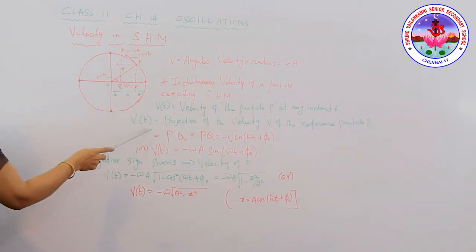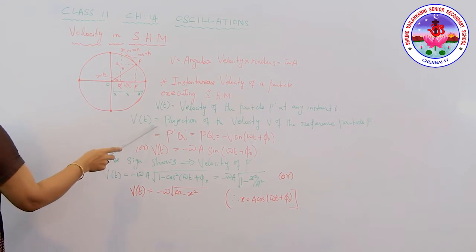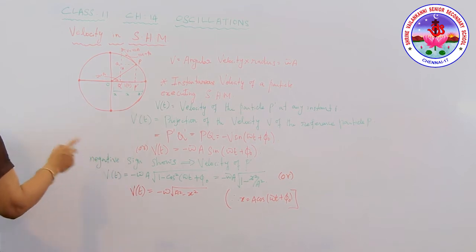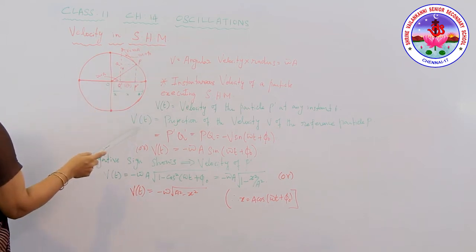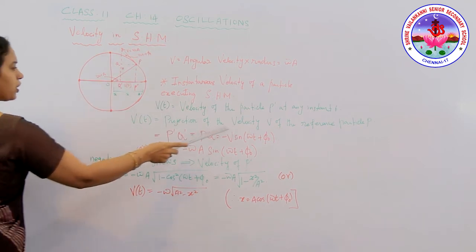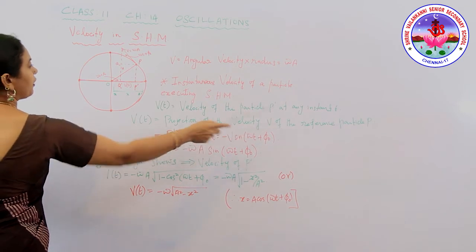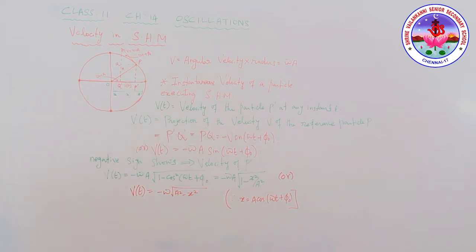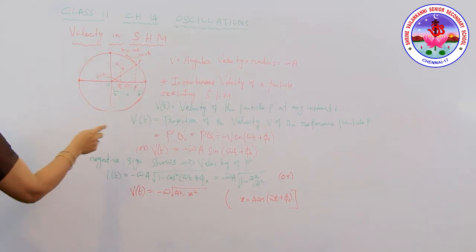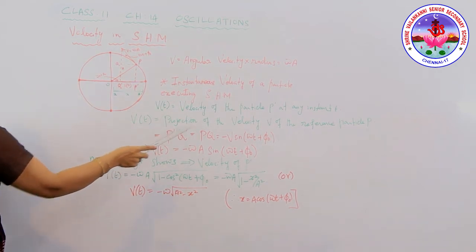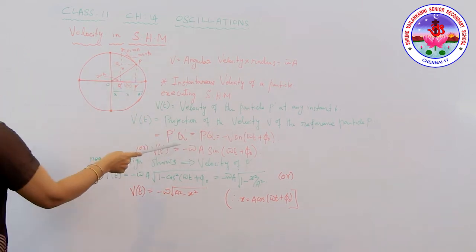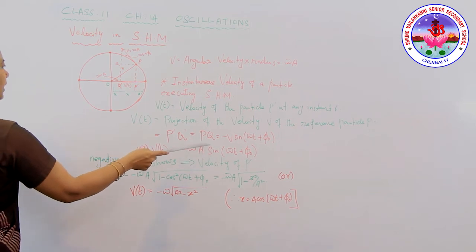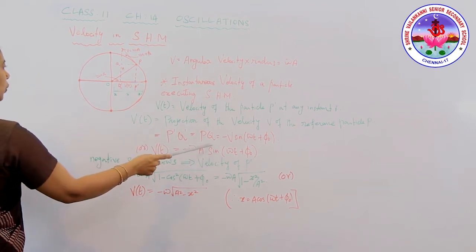From what we explained before about how circular motion and SHM are related, V of t is equal to the projection of the velocity V of the reference particle P. From this diagram, the projection P dash Q dash is equivalent to PQ.